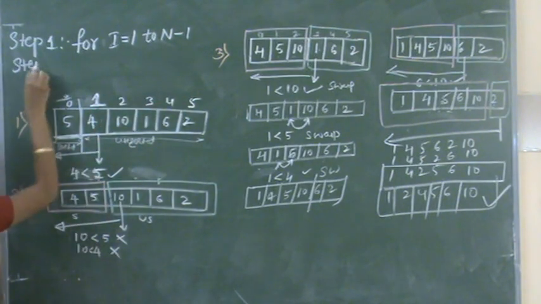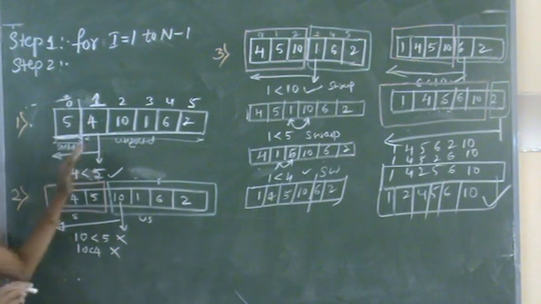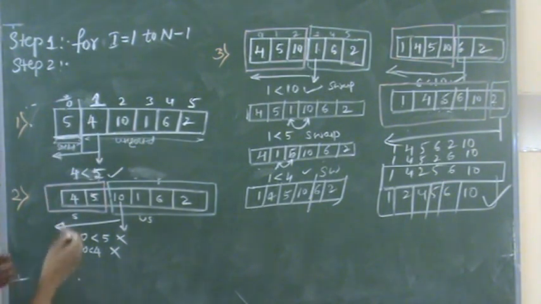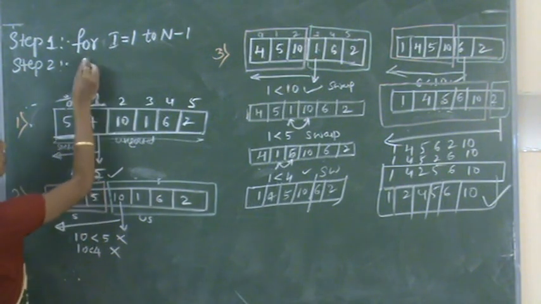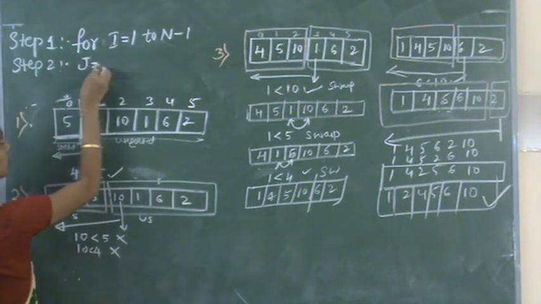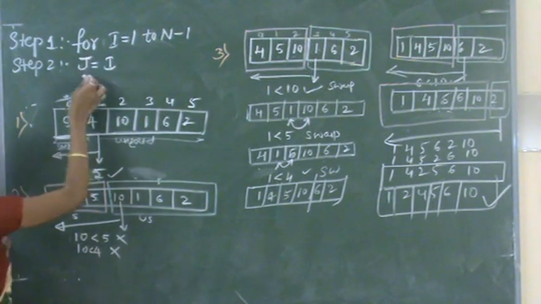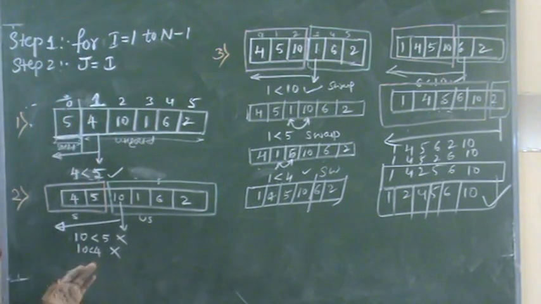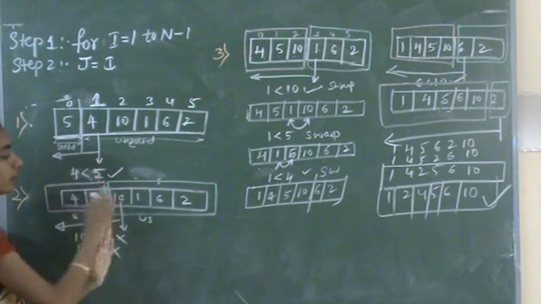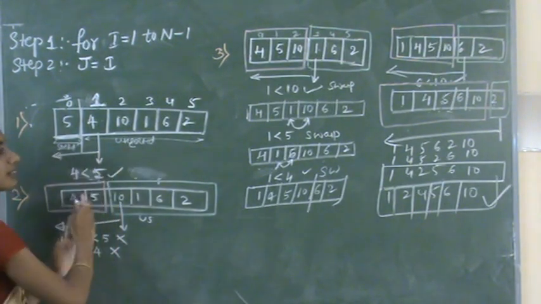The second step: after this we need to assign this I value to another variable, J, because I am comparing the elements.